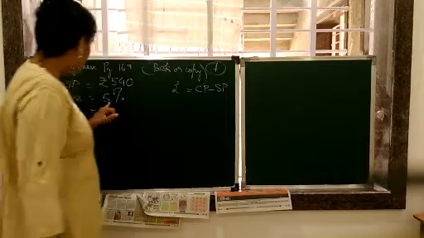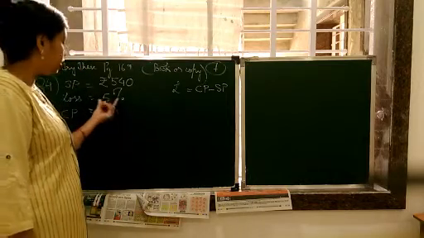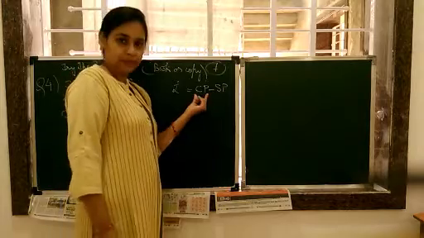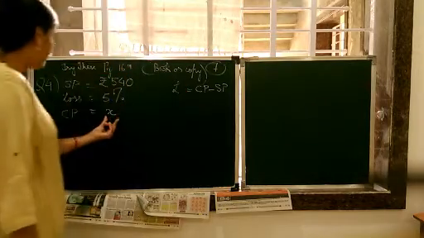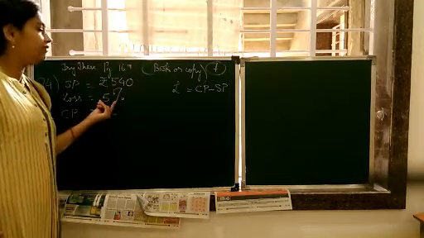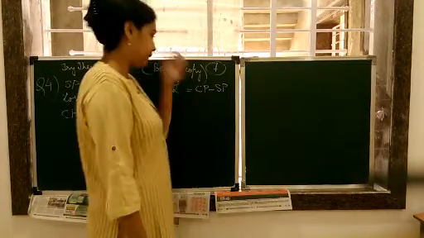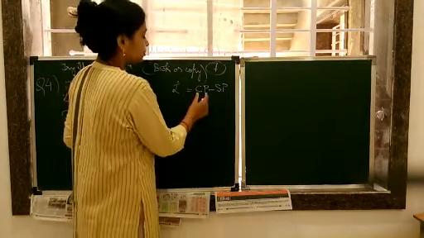Loss is actually in percentage, and we have already discussed that this is a part of CP. That means if you are taking this CP as X, this 5% is of X, that is CP. So what to do?